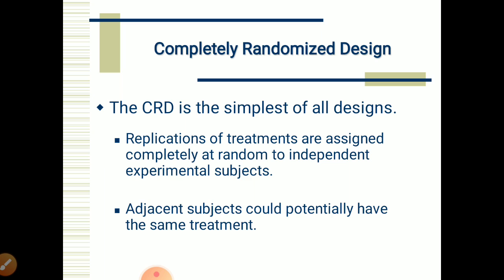Because we would like to see the effect of independent variables on these experimental units through the response variable. For that reason we need a homogeneous group of animals. If sufficient homogeneous experimental units are available, you can right away go for the completely randomized design.